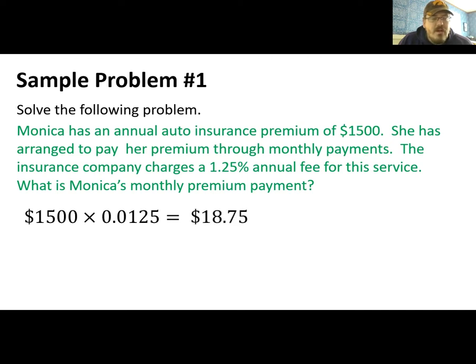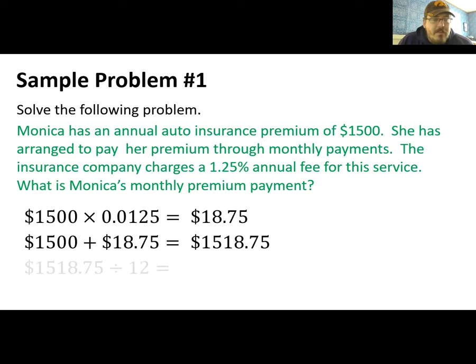They're going to charge you, in this case, $18.75 as an annual fee for the service of doing monthly payments. The next step is to simply add that fee to the total, so here's how much you're going to be asked to pay over the course of the year. And then finally, since we're going to do monthly payments, we just need to divide that into 12 equal payments. And when all is said and done, our monthly payment is going to be $126.56.